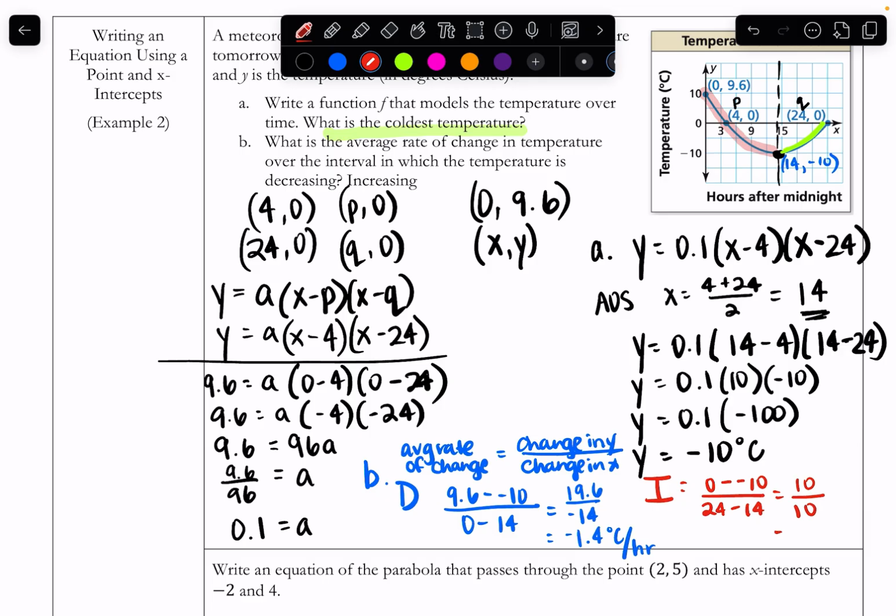And that reduces to 1, positive 1 degrees Celsius per hour. So that means you are gaining 1 degree Celsius per hour in that interval. Okay, we can talk about that a little bit more when I come back, but that is basically just finding slope of different pieces of your quadratic.